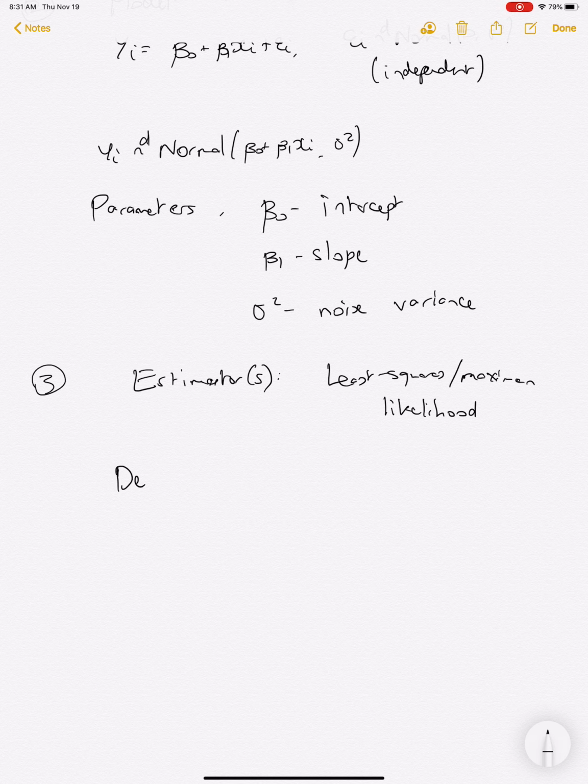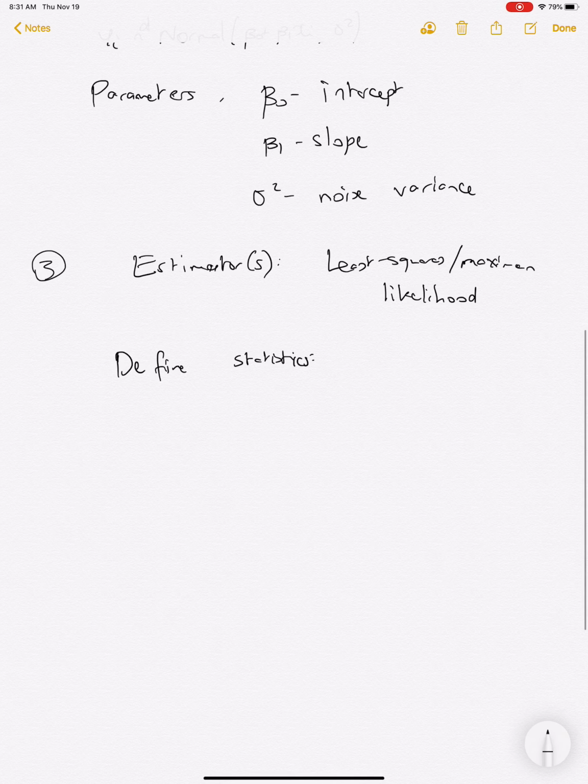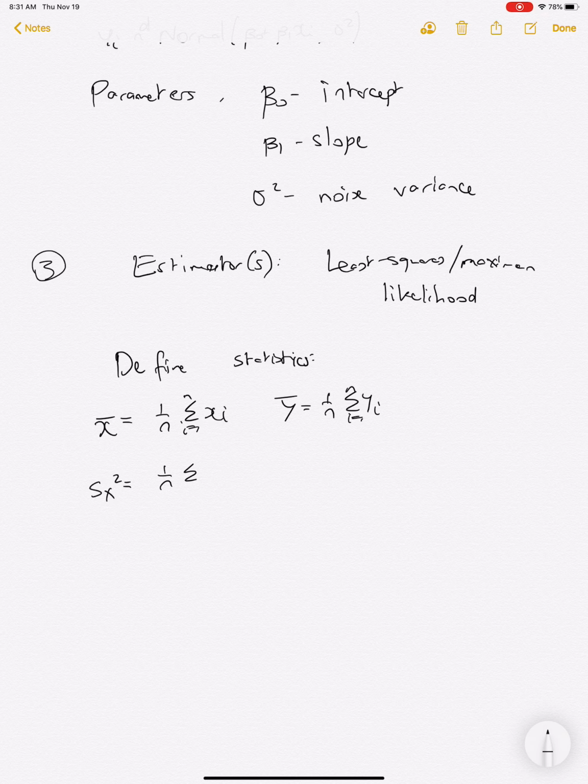So if we define the statistics, we've got the mean of the x's, the mean of the y's, then the variance of the x's, and the variance of the y's.